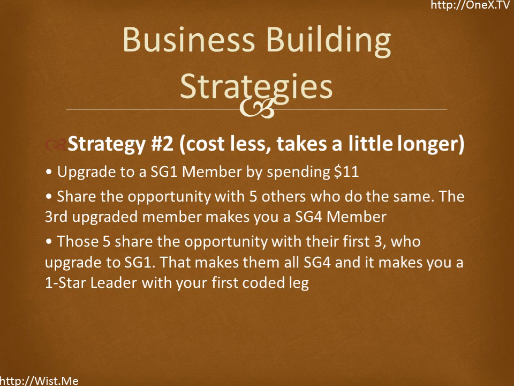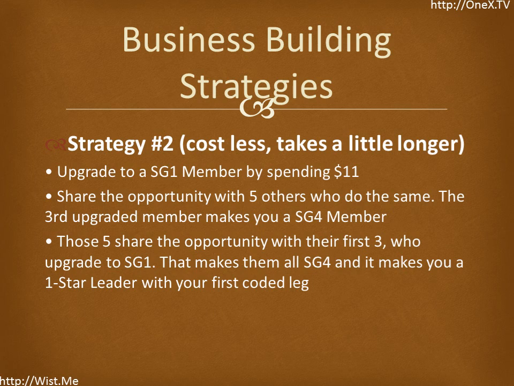That will be $44, and you will be able to pay that from your 1x earnings. So you become Stargate 4, spending $44, and you ask 5 members to do the same. And when they have done that, you are a 1-star leader, and you will get your first coded leg, which means you are not 3x9, but now you are 4x9. That is the fastest and easiest way to become Stargate 1.